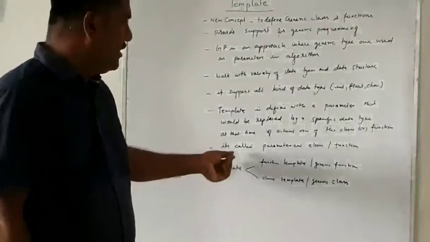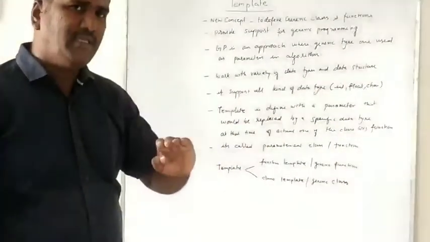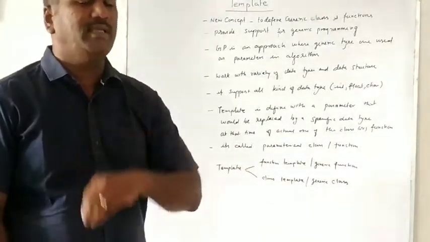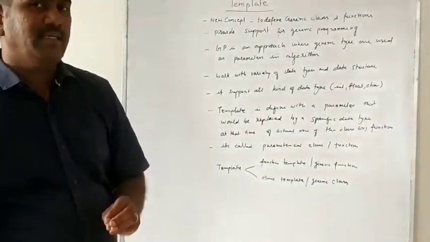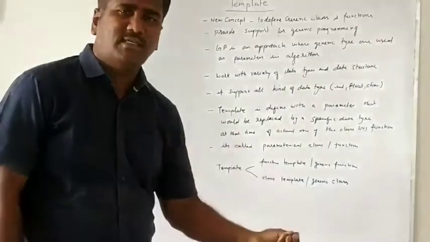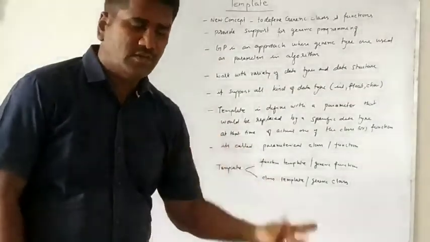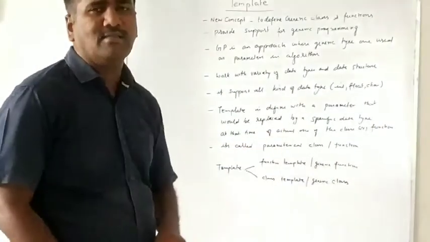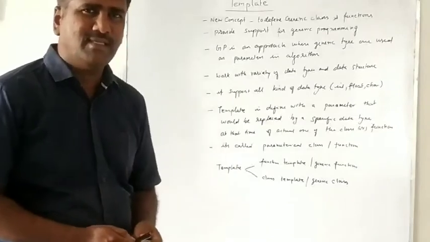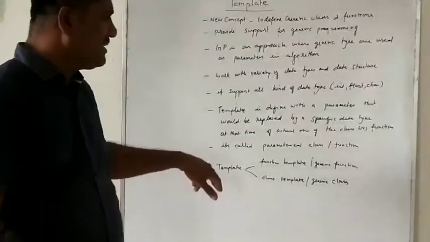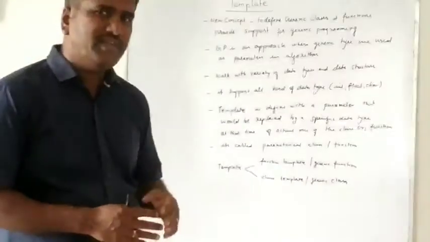The template parameters are replaced by actual parameter types and values. So we pass the parameter to that generic class or generic function, and it is called a parameterized class or function. Here the template is classified into two categories.